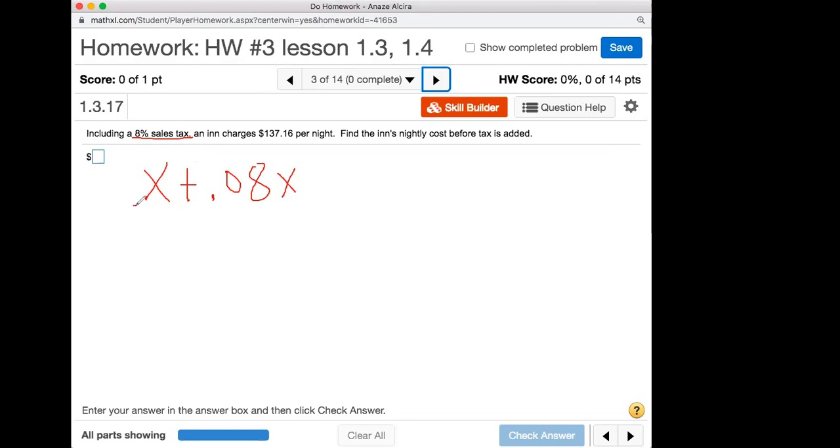So the price plus the sales tax is equal to the 137.16. Now, guys, if you were to add x plus 0.08x, this is where the students get confused, you get 1.08x, right back to where I was when I showed it to you using the 100%.